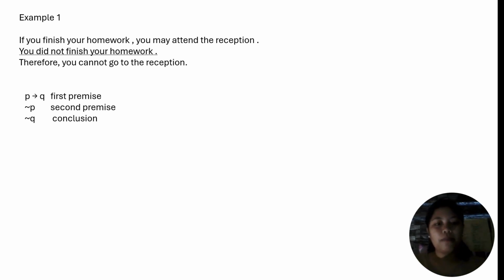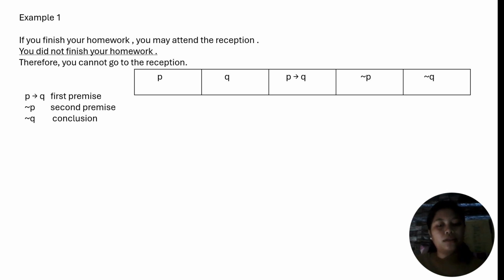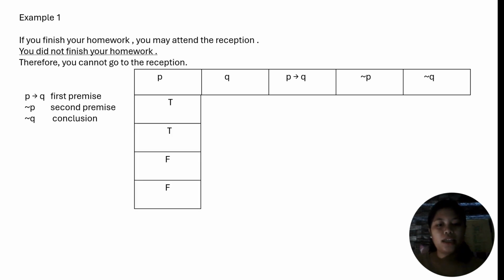So let's make a truth table. We have the first premise, P implies Q. So we have a truth table, and P and Q are the constants. For P we have TTFF, and for Q we have TFTF.